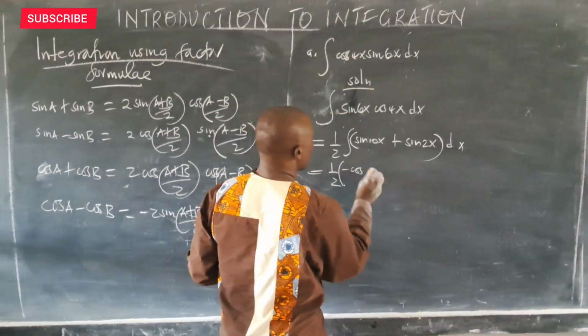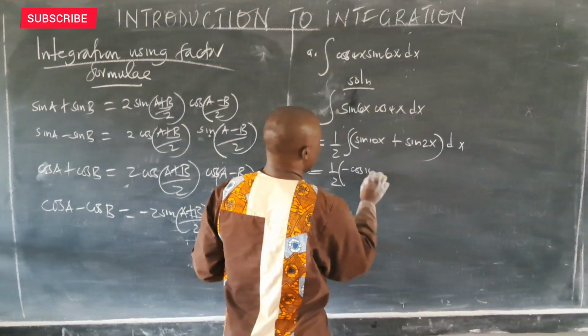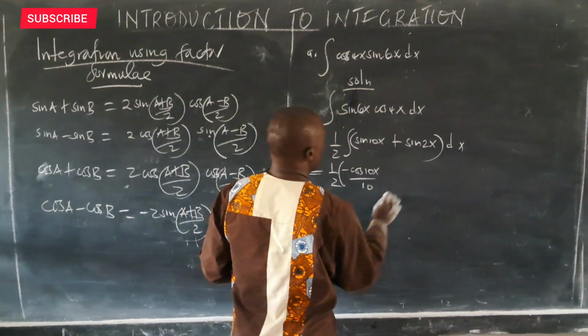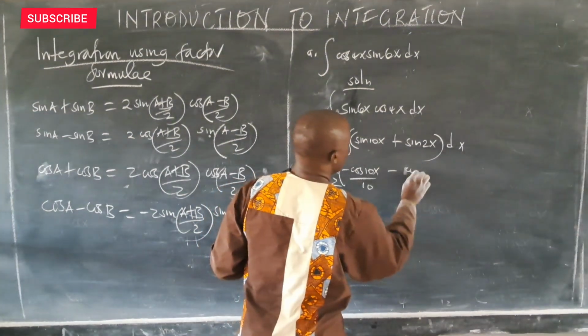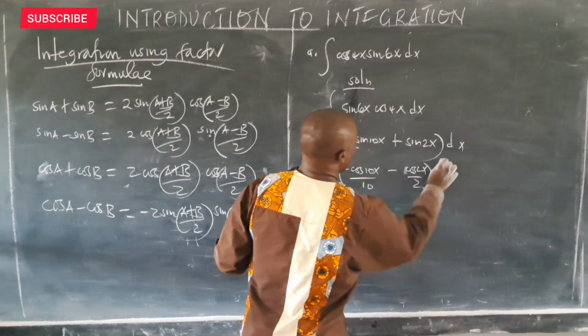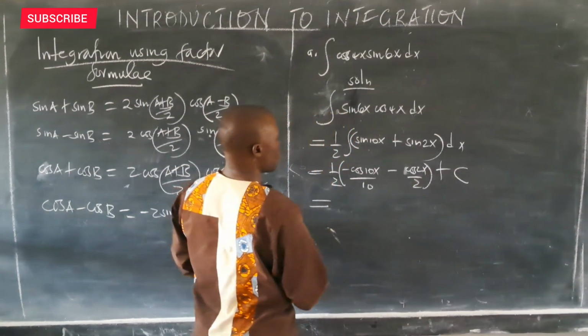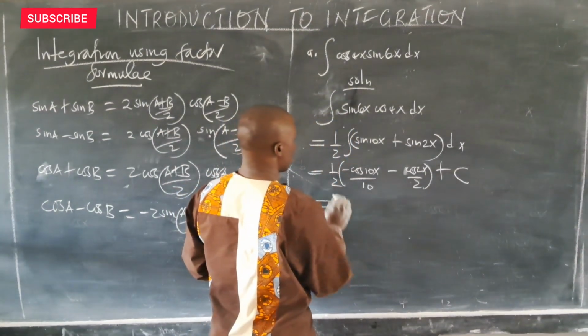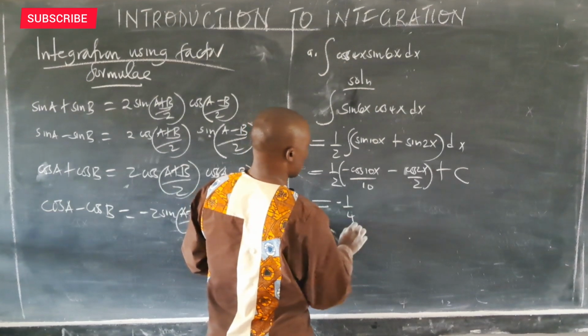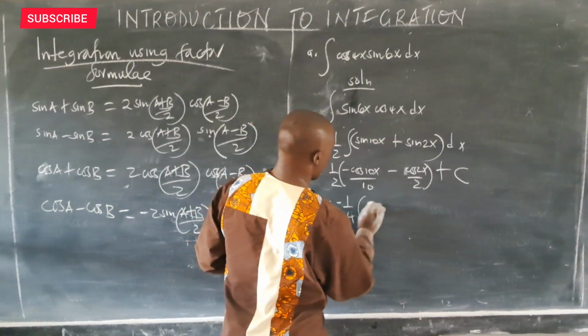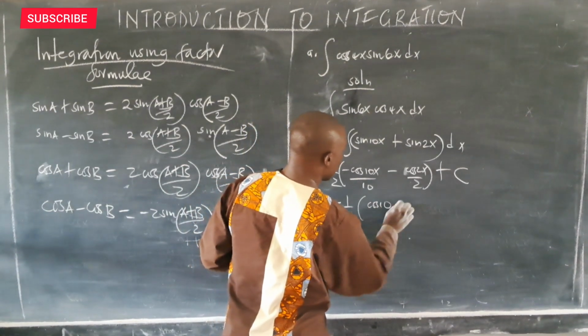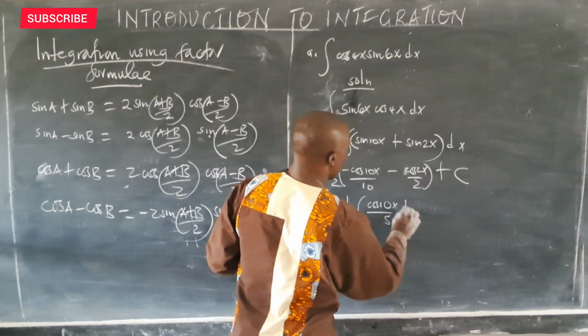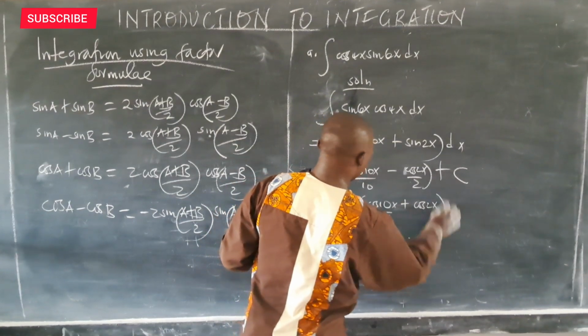So negative cos of 10x over 10, then minus cos 2x over 2, plus a constant. So that gives you, factoring out the 2 again, negative a quarter times cos 10x over 5 plus cos 2x, plus a constant.